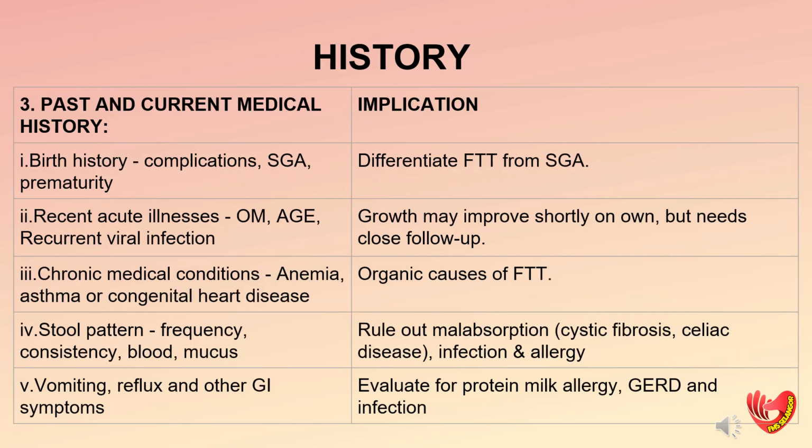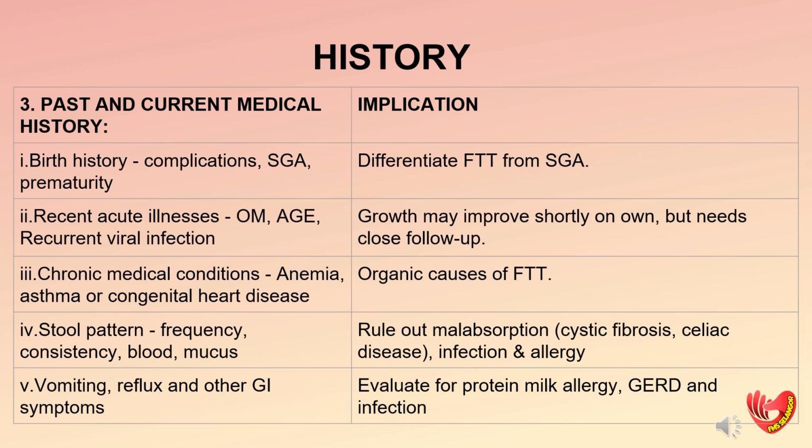As part of the history taking, don't forget to get further information on the past and current medical conditions. A birth history, including complications, small for gestational age, and prematurity, helps us differentiate a child with failure to thrive from a small for gestational age baby.